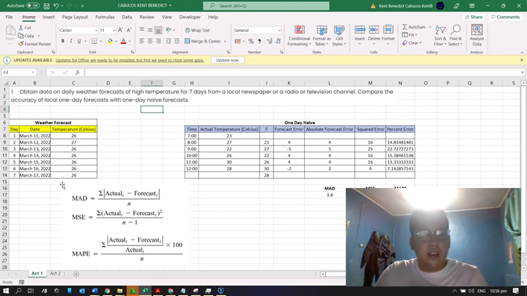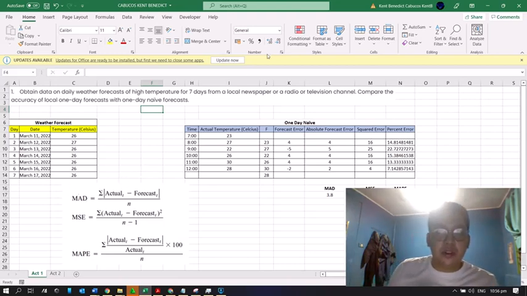MSE, also called MSD, mean square deviation, is a commonly used measure for accuracy of fitted time series values. MAPE, mean absolute percentage error, expresses the accuracy as a percentage of the error. Because this number is a percentage, it can be easier to understand than the other statistics.